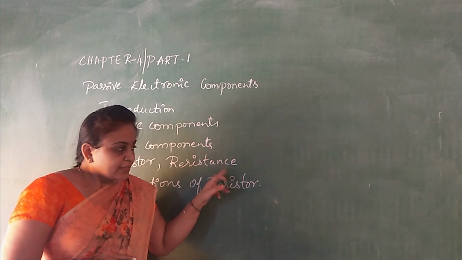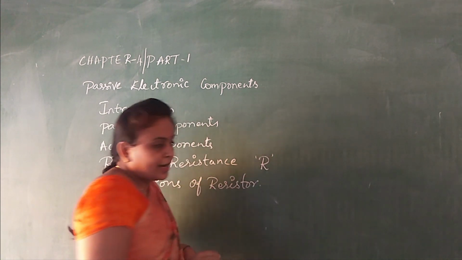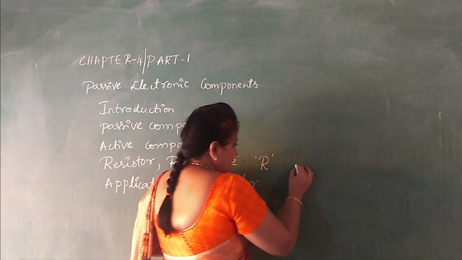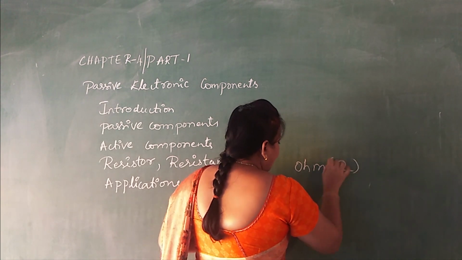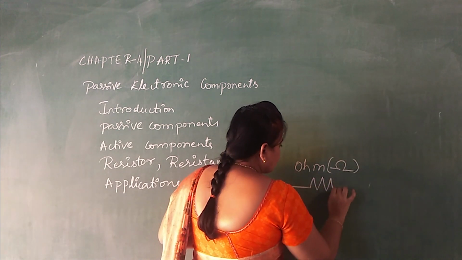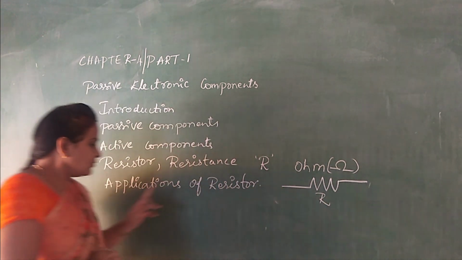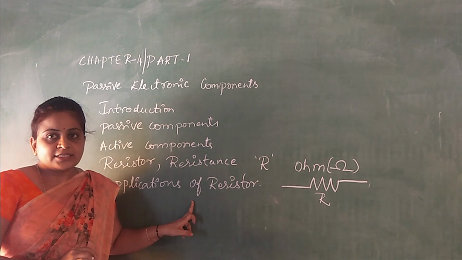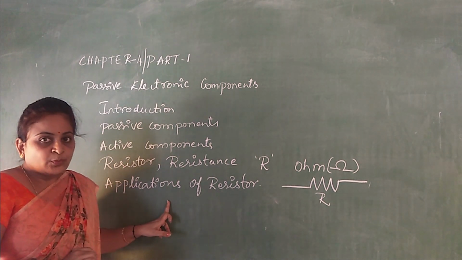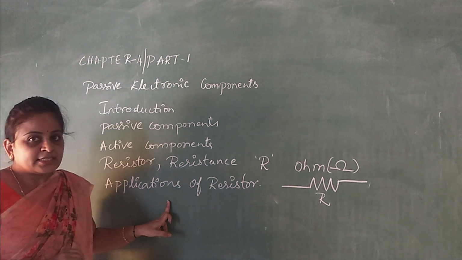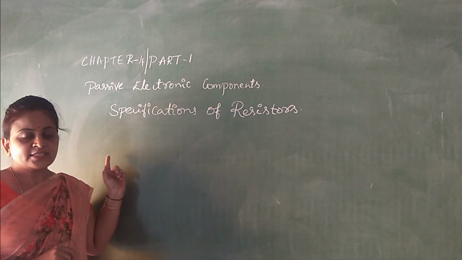It is represented by capital letter R and SI unit is ohm, and this is the symbol of resistance. Next we have applications of resistor. Resistors are used to divide the voltage, protect the circuit elements, dissipate energy. Next application of resistor is to limit the current.